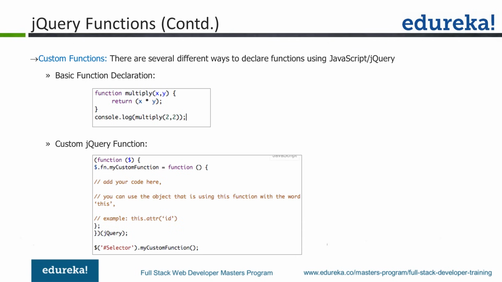An object in JavaScript can have one of its keys correspond to a value which is a function. To define a custom function, this is the way we would do it: we would call $.fn.myCustomFunction and then define a function which would do something. And then we can do further things to it.